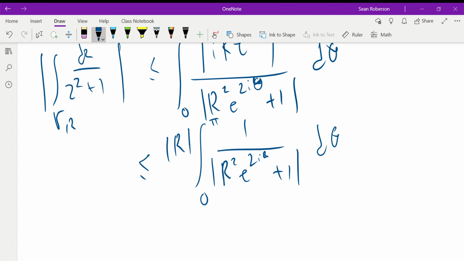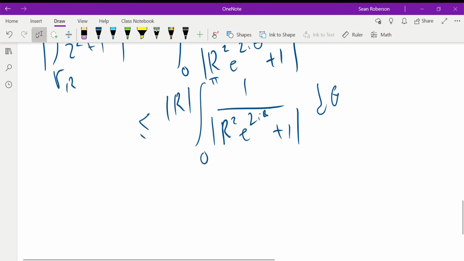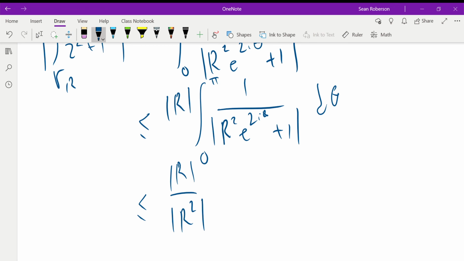We have to be thinking backwards. I want to make the denominator smaller to make the expression larger. And I can disregard the plus 1 here to make this bigger. And I'll have this thing left over, r squared e to the 2i theta. So this is less than or equal to r over r squared in absolute value. And then I'll just have 1 left over here.